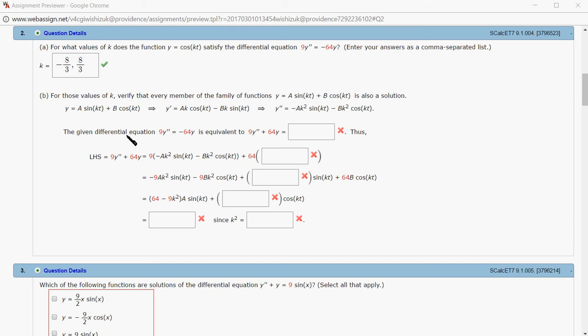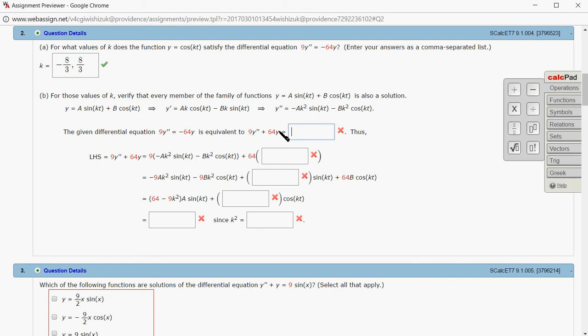The given differential equation 9y double prime equals negative 64y is equivalent to the following. All they did was move this term over to the left hand side, so the right hand side is going to be 0, because everything is over to the left hand side.